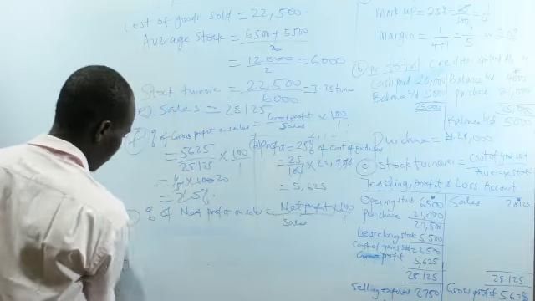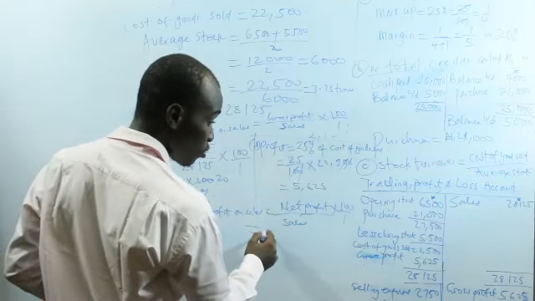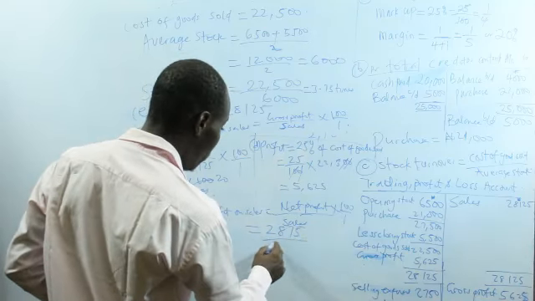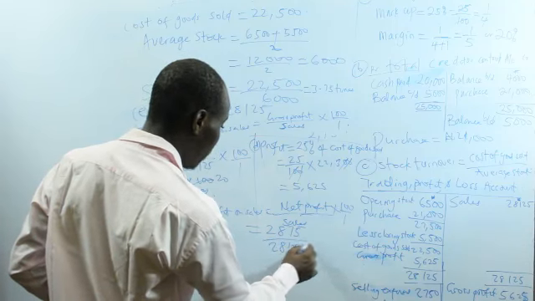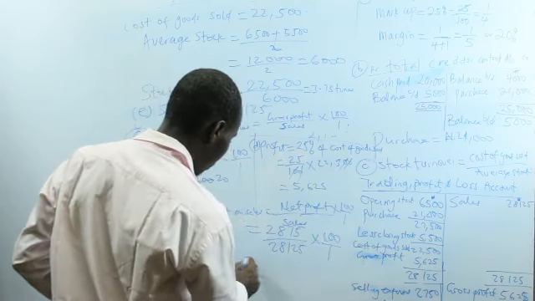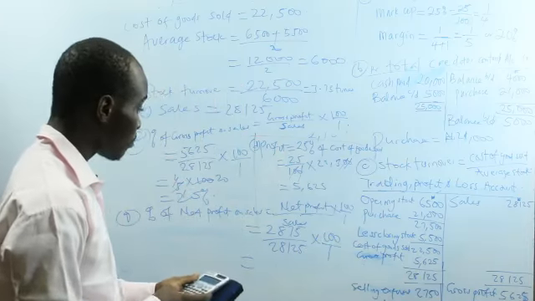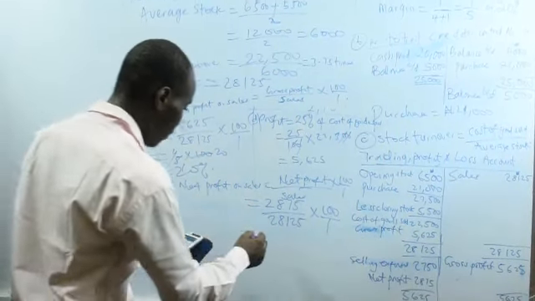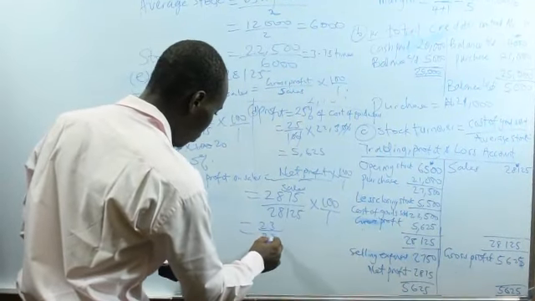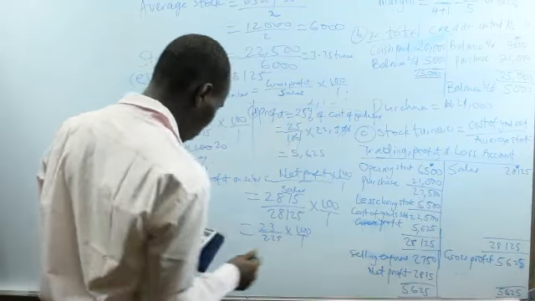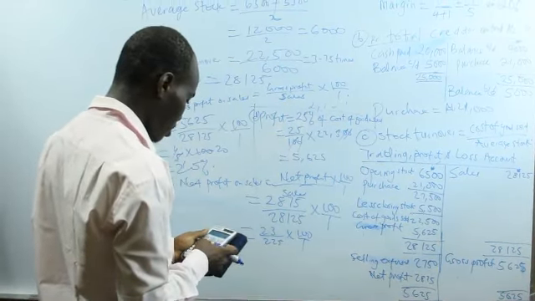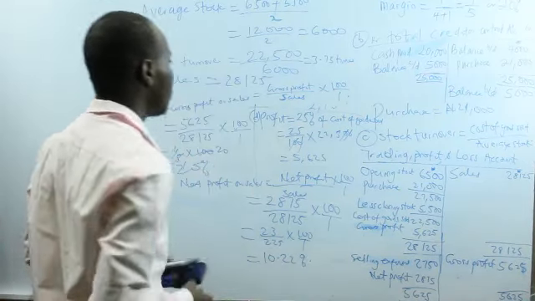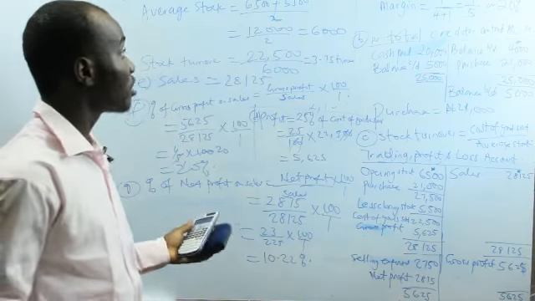So we have the net profit to be 2,875 over the sales, 28,125, times 100 over 1. So we have 2,875 divided by 28,125. That gives us 23 over 225 times 100 over 1. Then we have 10.22%. So that is all about the accounting ratio.